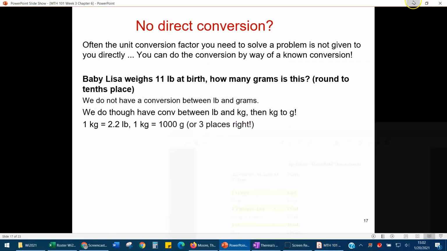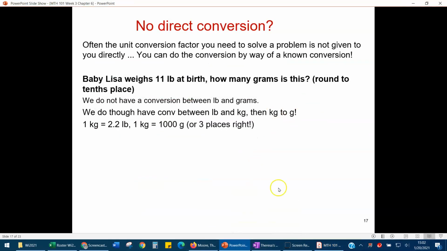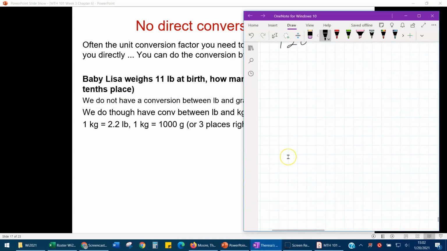So if there's no direct conversion, you have to put your critical thinking cap on. If I'm going from pounds to grams, 11 pounds equals how many grams? I don't have a direct conversion from pound to gram.